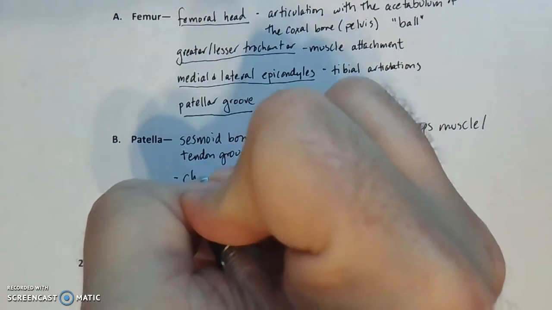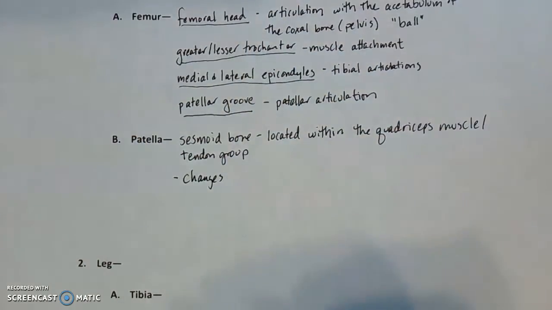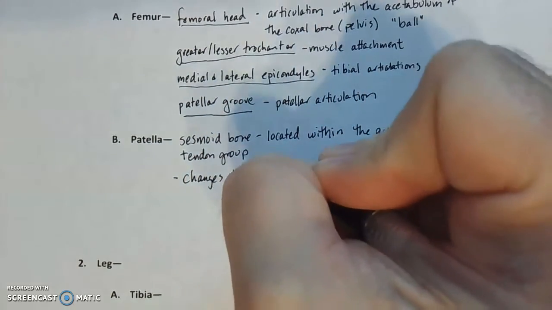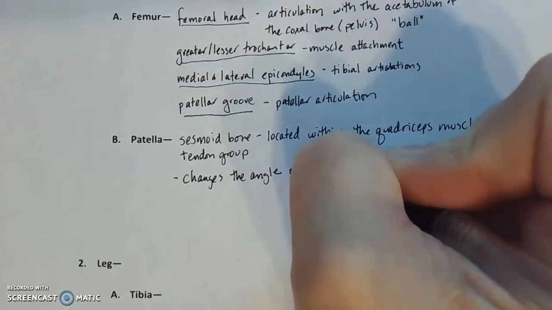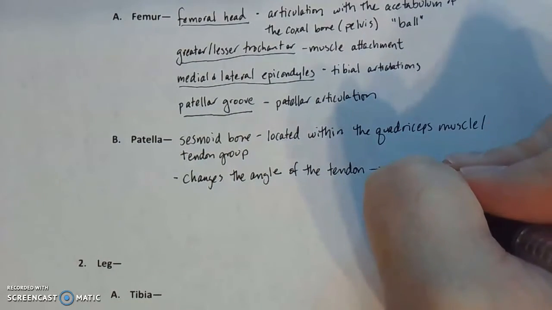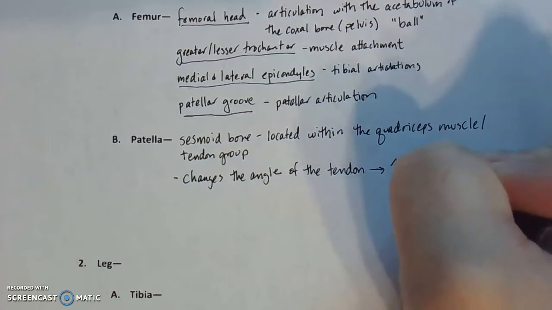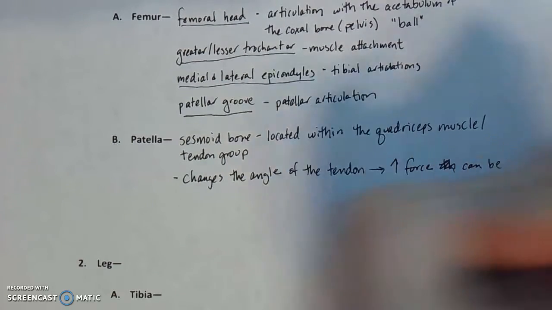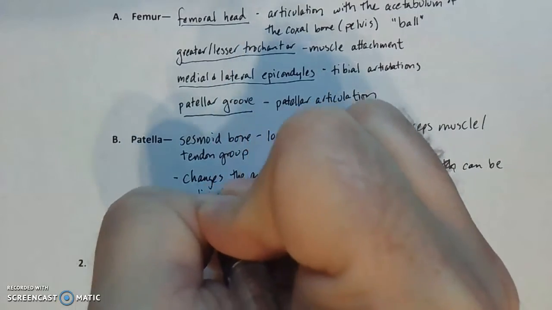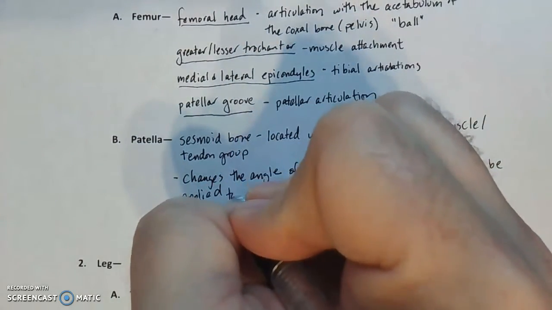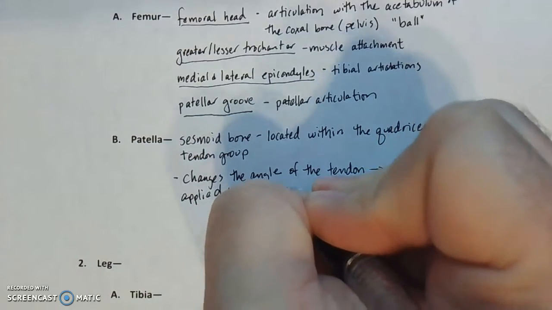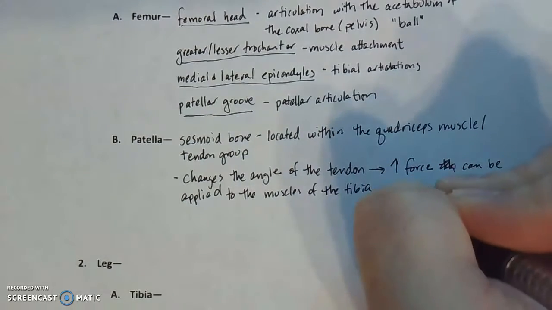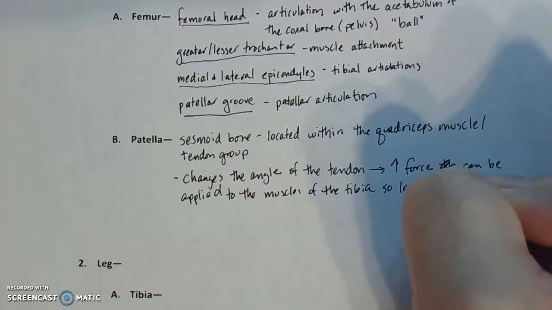And when doing that, it is a lesson in physics. So it changes the angle of the tendon, which in turn means a greater force can be applied to the muscles of the tibia, so less contraction is needed.